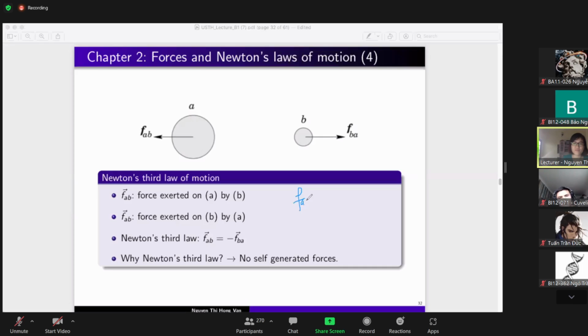So F A B is the same as F B A in magnitude, but opposite in direction. Okay.